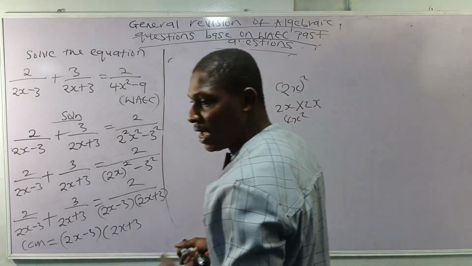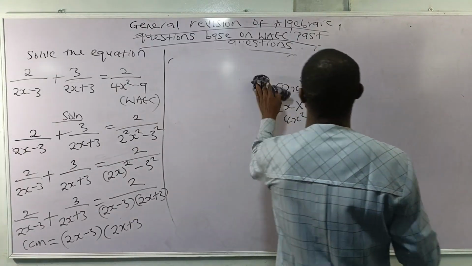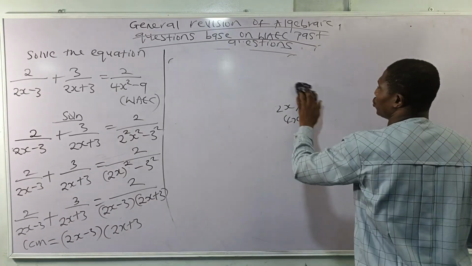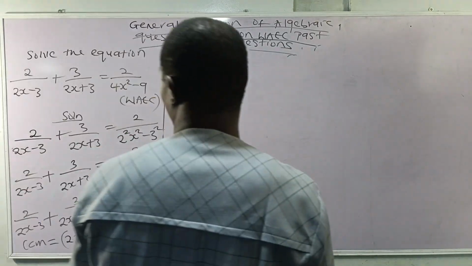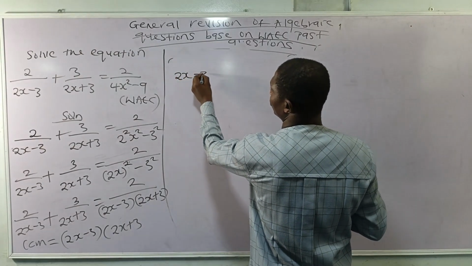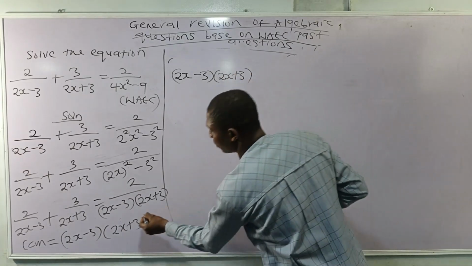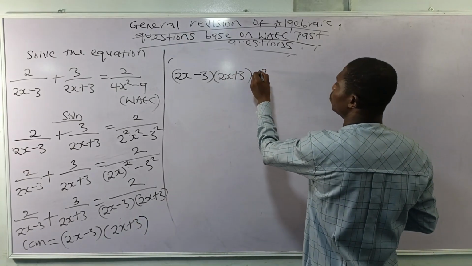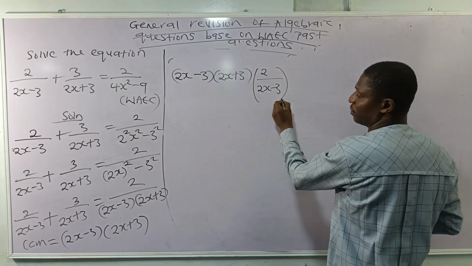Now we have to use our LCM to multiply each of the fractions. Remember, there we have 3 fractions. So we have (2x minus 3)(2x plus 3) multiplying 2 all over 2x minus 3.